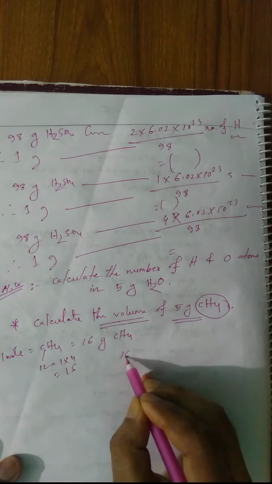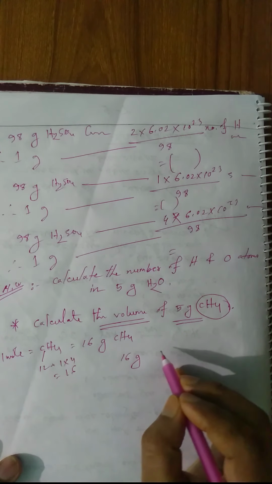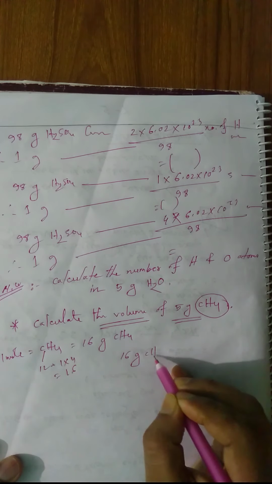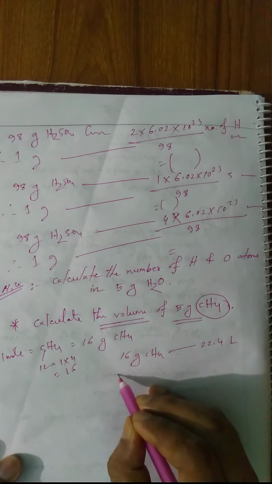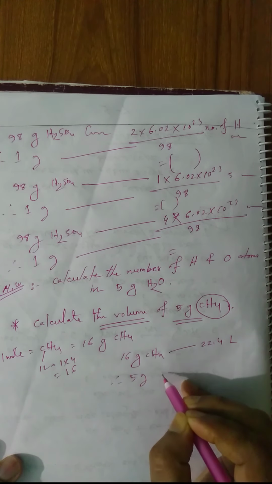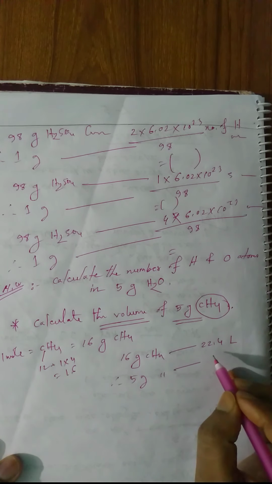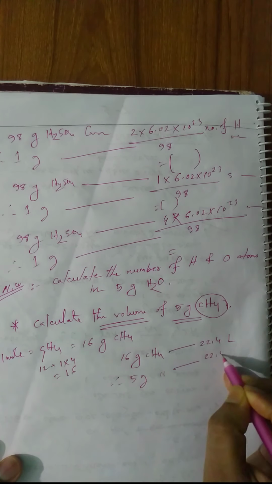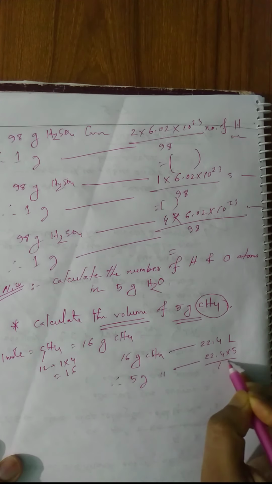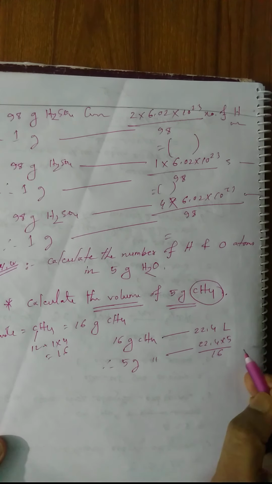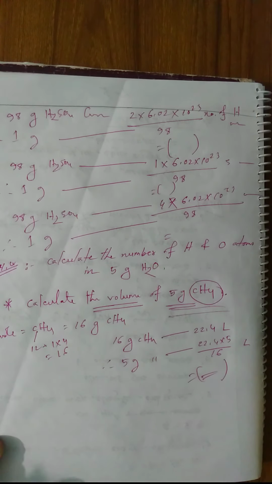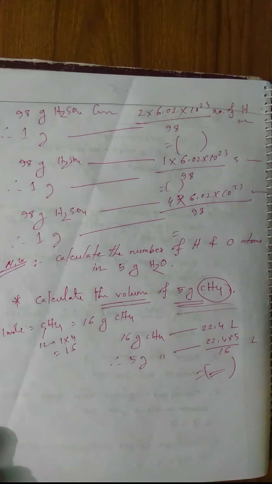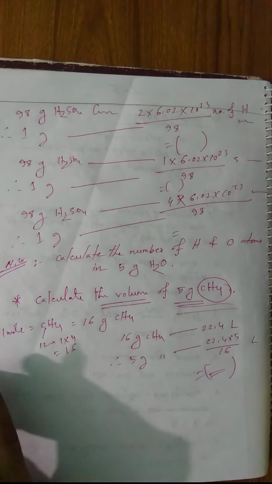So the volume of 16 gram CH4 is 22.4 liter, and 5 gram CH4 occupies 22.4 multiplied by 5 and divided by 16. This will be the volume of 5 gram CH4.